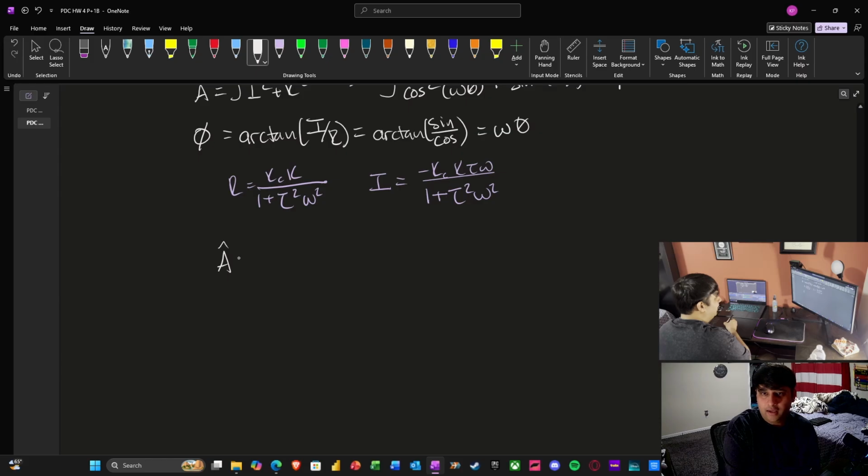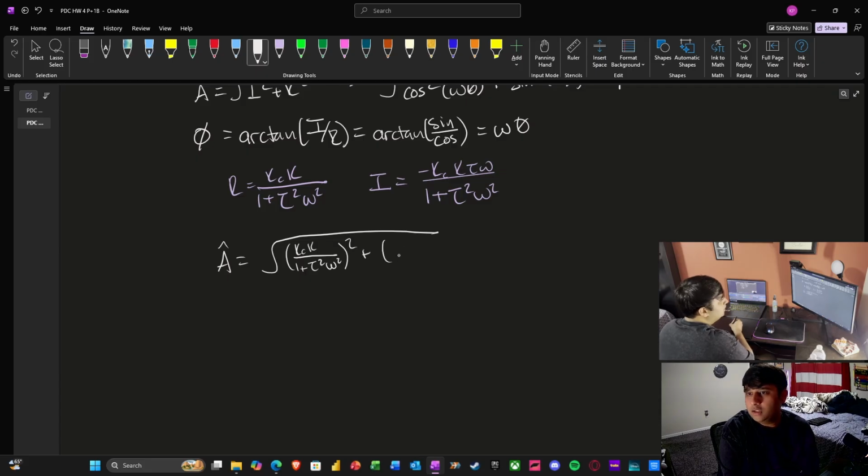So if we get A hat equals Kc over 1 plus tau squared, plus negative Kc tau omega over 1 plus tau squared omega squared, and then this eventually just equals Kc over 1 plus tau squared omega squared.